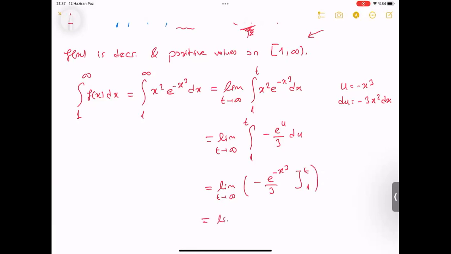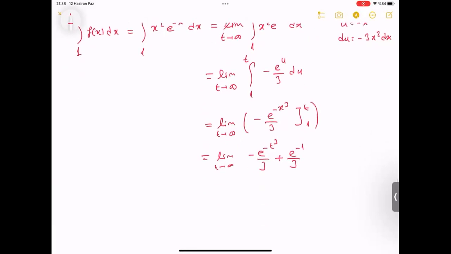Now plug x equals t, then x equals 1 and subtract them, so we get minus e to the minus t cubed over 3 plus e to the minus 1 over 3.